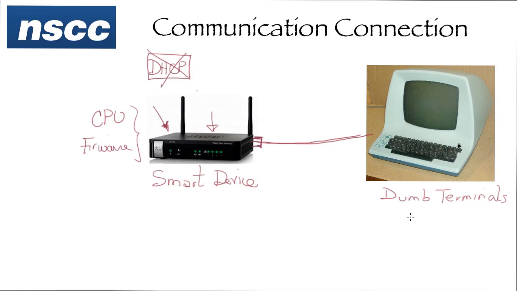So a dumb terminal was a way where a user could type on a keyboard. Those commands would go to the smart device. The smart device would interpret those commands and send them back to the dumb terminal to be displayed on the screen. So a direct connection is one of the ways that a network administrator can configure network devices today.